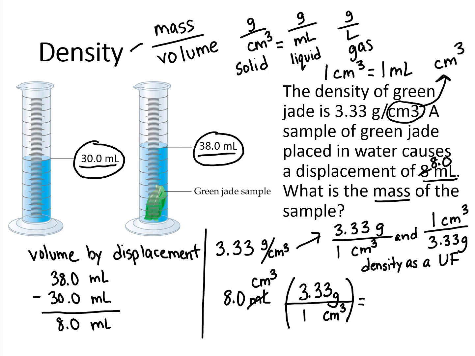That comes from the definition of what a liter is. So this you can take to the bank. I don't know what they're going to do with it there, but that's a saying. All right. So when we do this calculation, we're going to get rid of the centimeters cubed, and we're going to end up with an answer in grams.